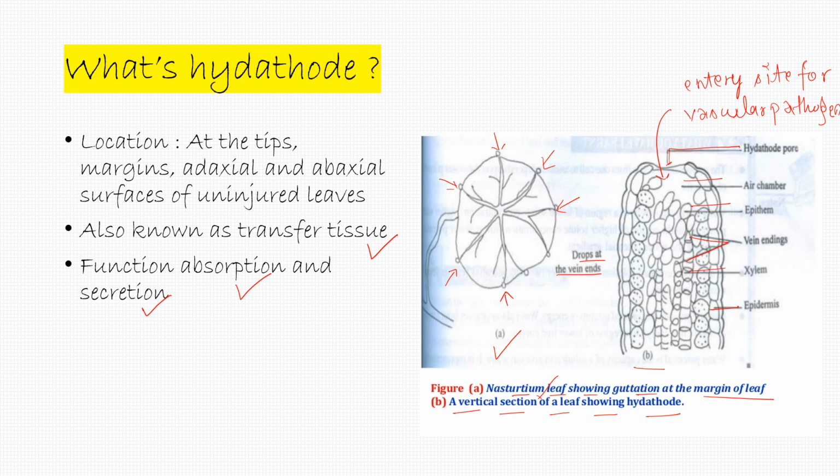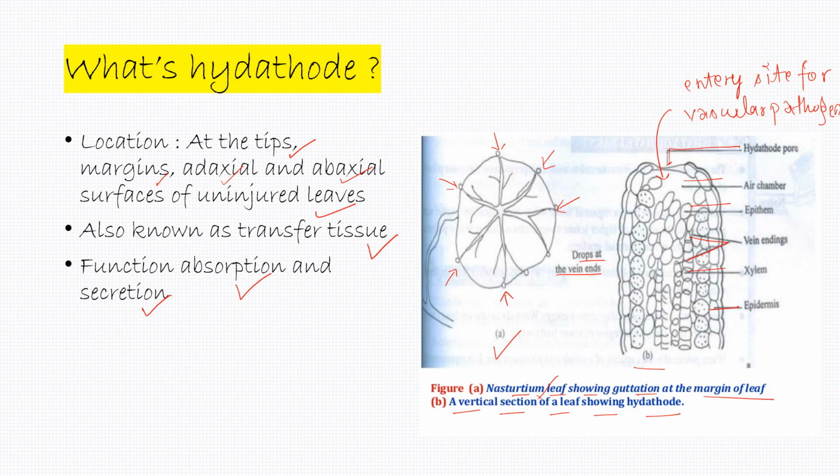Mainly, if we talk about the location of a hydathode, it is located at the tips, margin, adaxial and abaxial surface of uninjured leaves. Why do we say uninjured leaves? Because guttation occurs only in the normal leaf which is not injured.